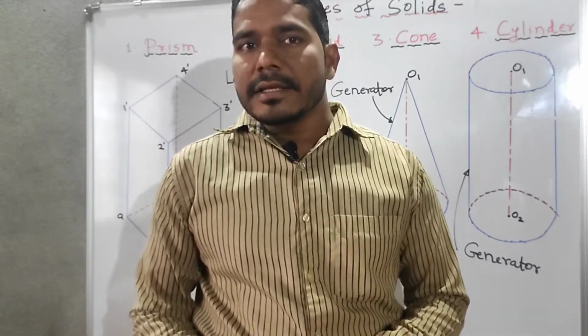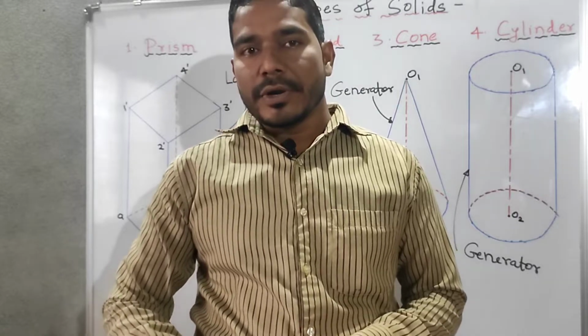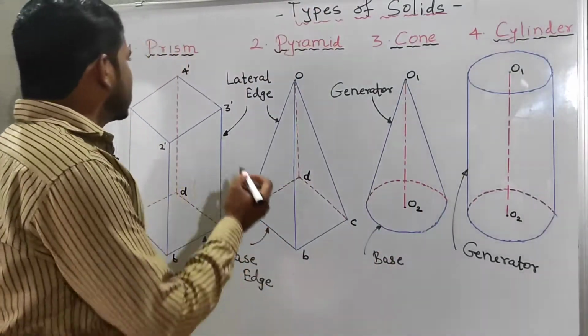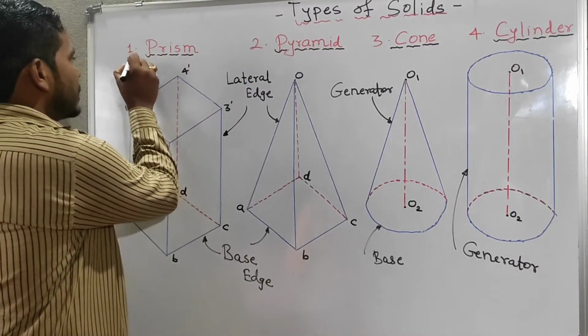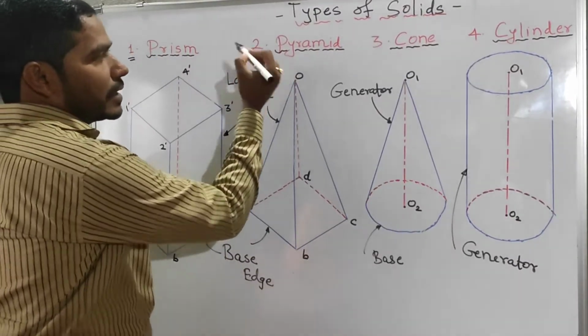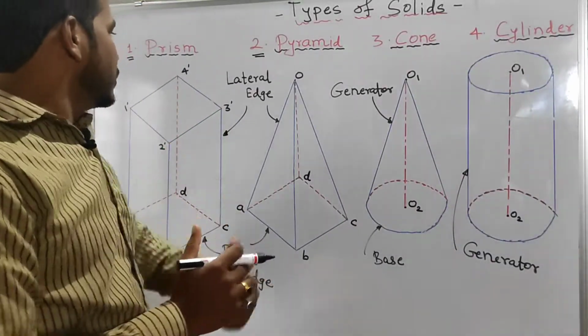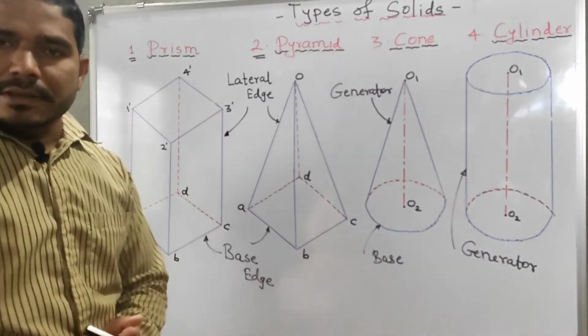The polyhedron is again divided into two types, the prism and the pyramid. First of all, we'll see what is meant by the prism.